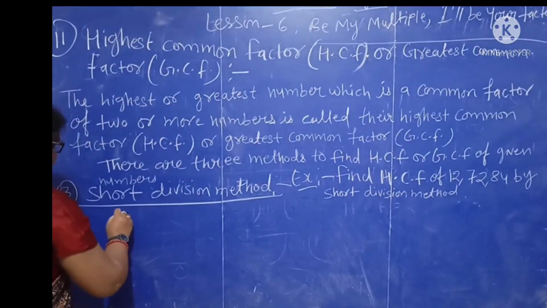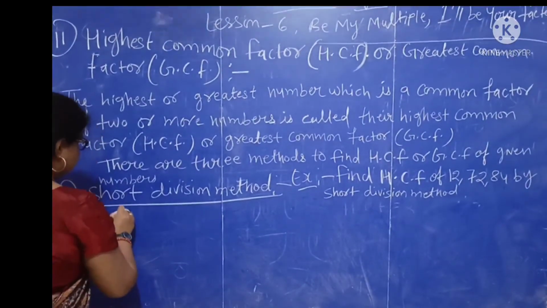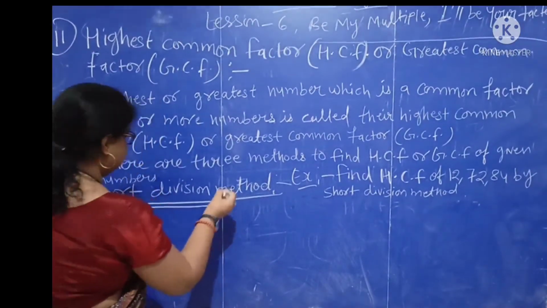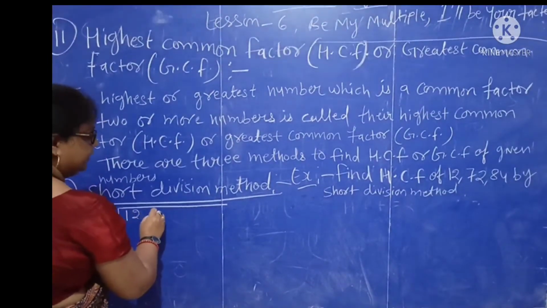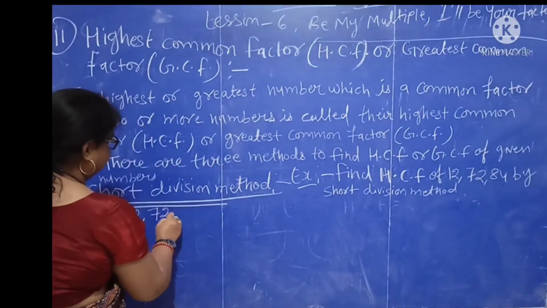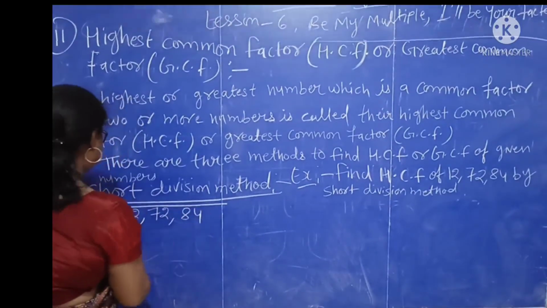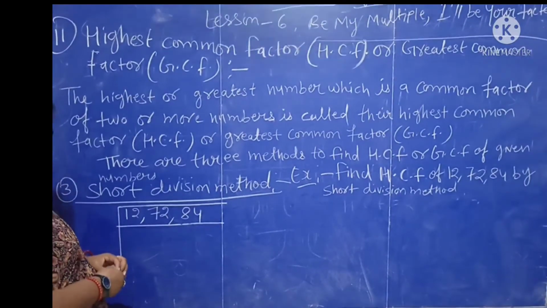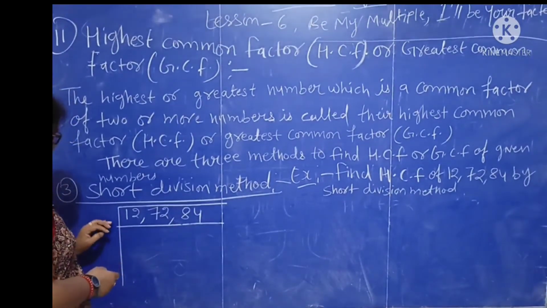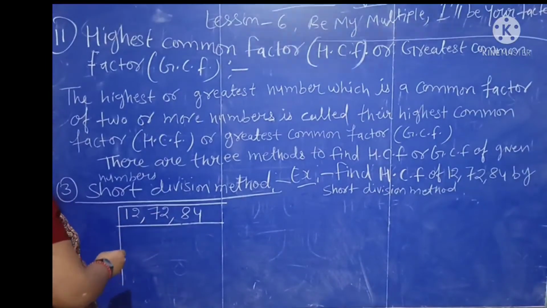In short division method, we make a structure like this. Here is a structure. We write 12, 72 and 84. In this method, we take a number by which these three numbers can be divided.